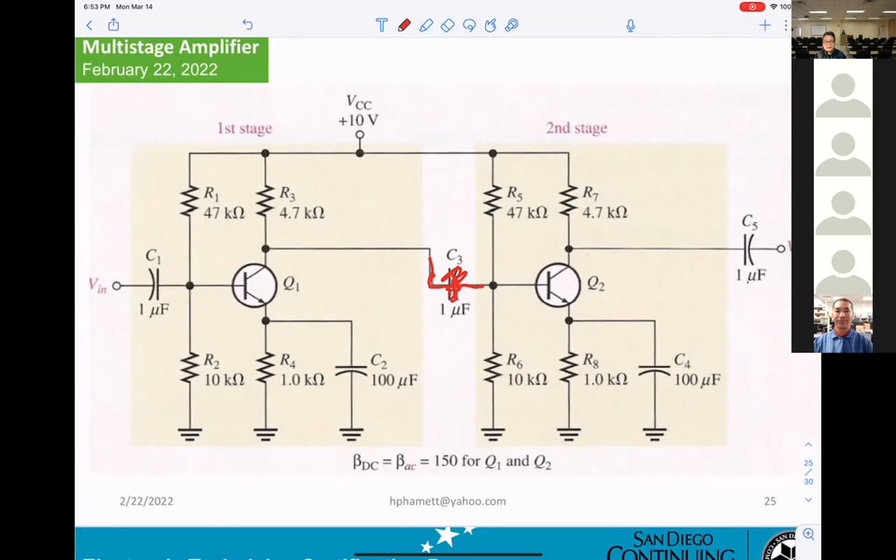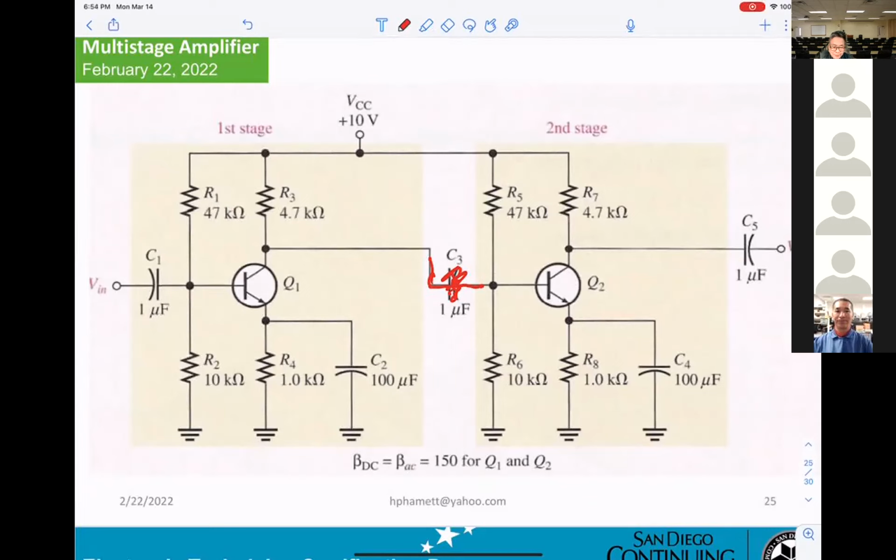What is the configuration for this connection? You cannot call it AC coupling. Who knows? What's the name? Between Q1 and Q2, I remove C3, just a wire. You don't have a C3. Isn't that a direct coupling? Exactly, direct coupling.